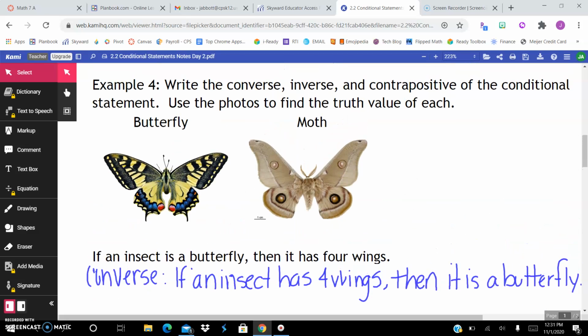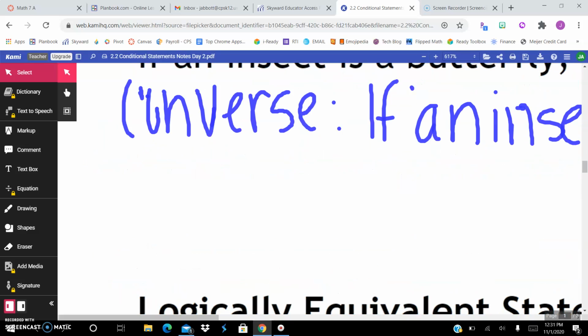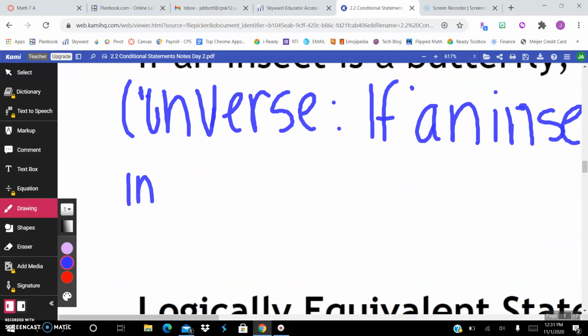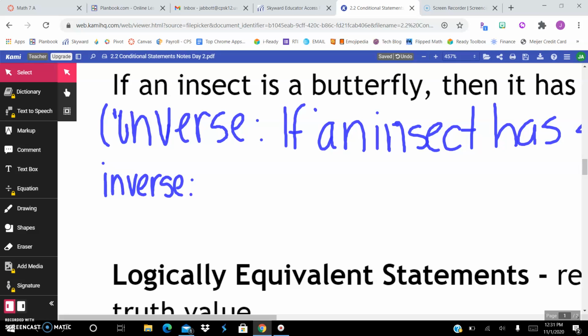Next on our list is to write the inverse. The inverse is when we negate the actual conditional statement. It said, if an insect is a butterfly. To negate that, we can say, if an insect is not a butterfly.